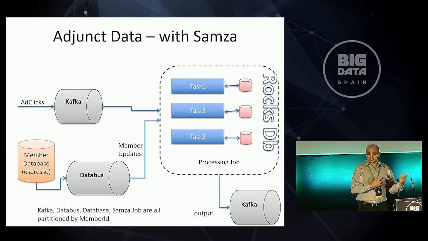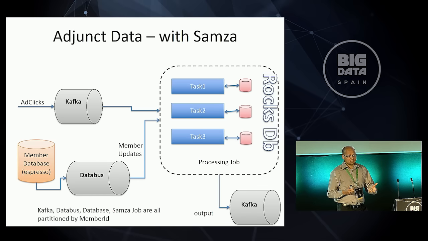Databus uses the transaction logs of our downstream databases, and anytime we make any update to our profile, let's say we changed the location or the company that we work for, Databus gets that information and pushes it upstream.